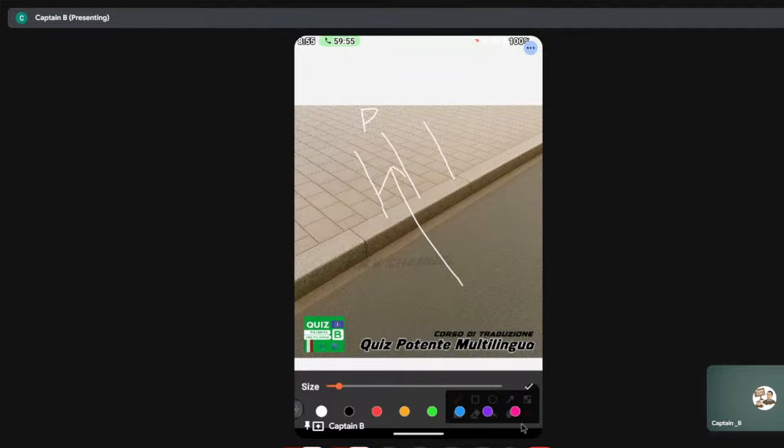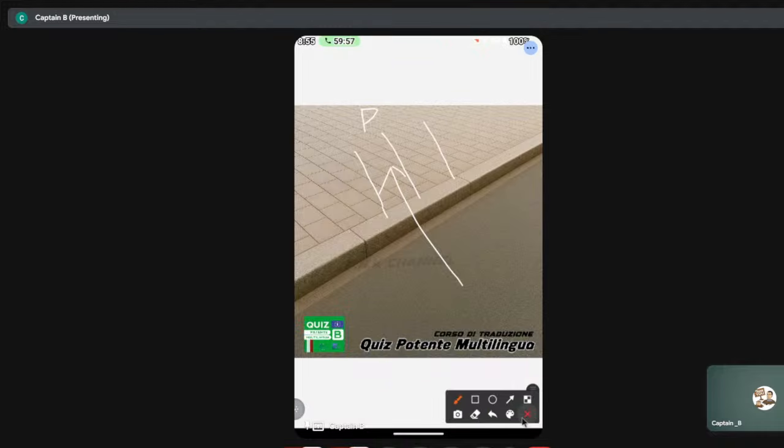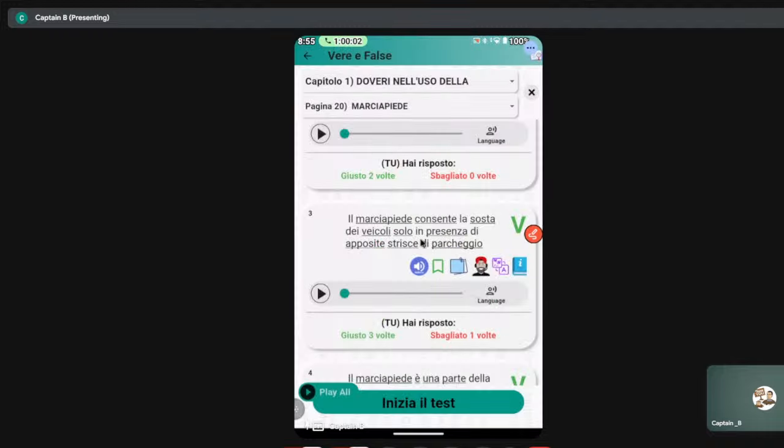You understand? Good. Attention to this word here: solo. Il marciapiede consente la sosta only in the presence, meaning there is a sign there, of appropriate lines of parking. And it is true. That's the only reason you can park. And the answer is true.